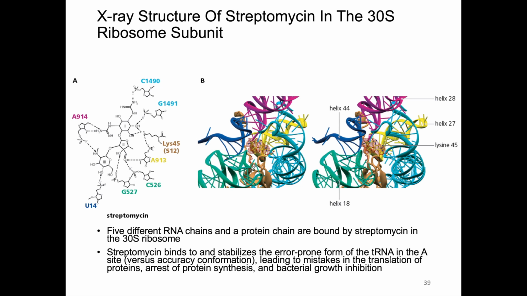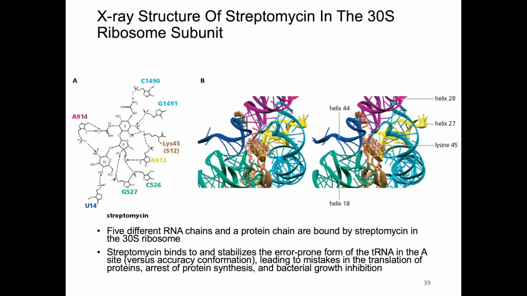And so shown here is an interaction diagram on the left showing how streptomycin binds to the 30S bacterial ribosomal subunit. There are lots of polar interactions between the drug and the various phosphates present in the active site of the ribosome.